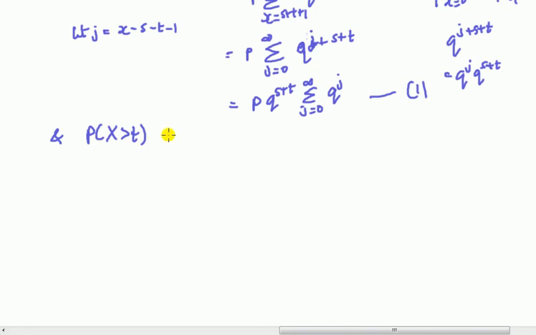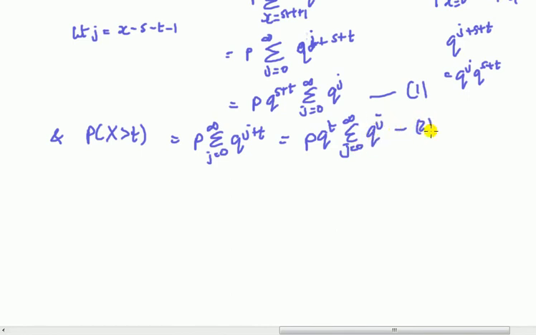So this probability x is bigger than t is going to be equal to probability sum j equal to 0 q^(j+t), which is equal to, I could have just done that, p q^t sum of j equal to 0 q^j.